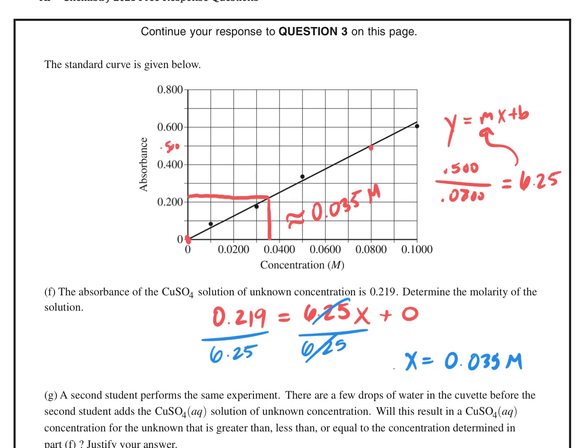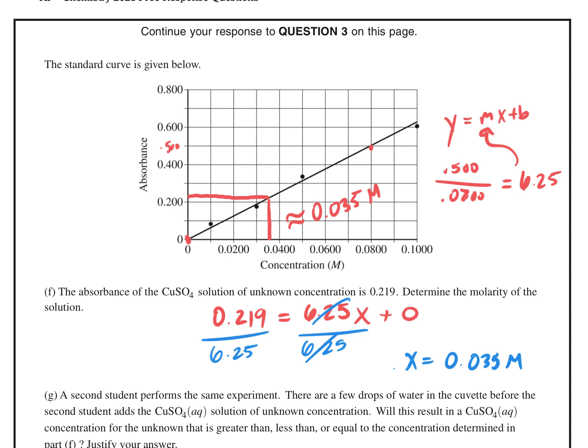Now, if the data point is above the line, that means it has higher absorbance than the rest of them, maybe. And so you'll say something like maybe there was a fingerprint on the side of the cuvette, or something stuck to the inside that would increase the absorbance, because anything that's on the cuvette or inside the cuvette could absorb light and cause an increased absorbance.